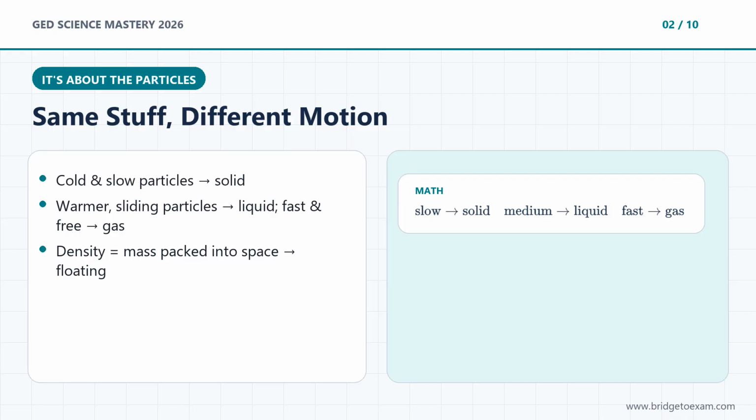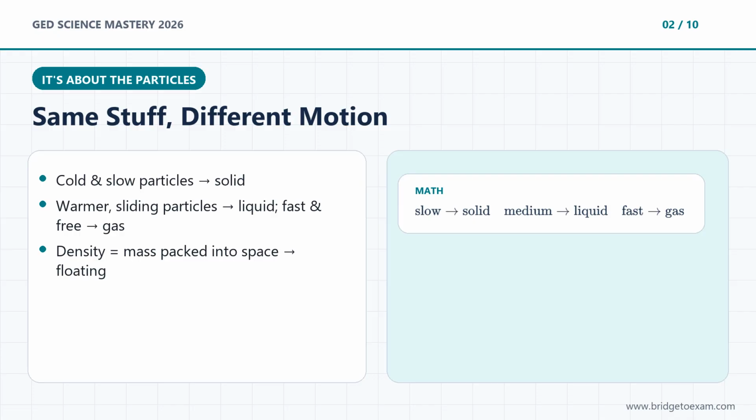Here's the big idea. The very same substance can look completely different depending on how fast its particles are moving. When it is cold, the particles move slowly and lock into place. That is a solid. Add heat, and they loosen up and start sliding past one another.